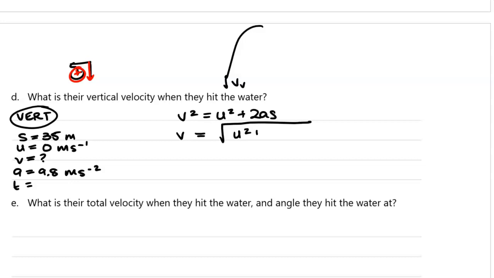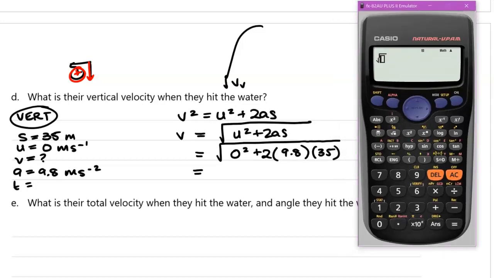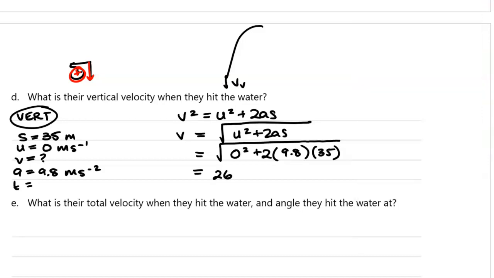So we're going to have the square root of U squared plus 2AS. Conveniently U is 0, so we've got 2, 9.8, and 35. I always make my square root sign slightly too small. So now we'll have 2 times 9.8 times 35. Okay, so we get about 26 meters per second.